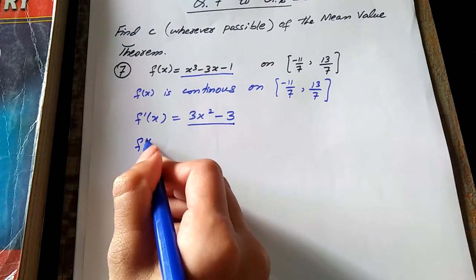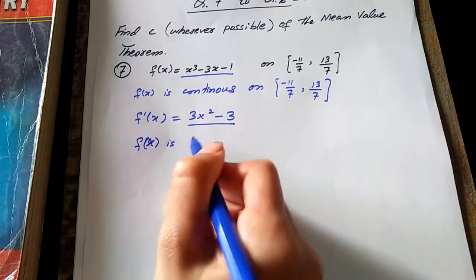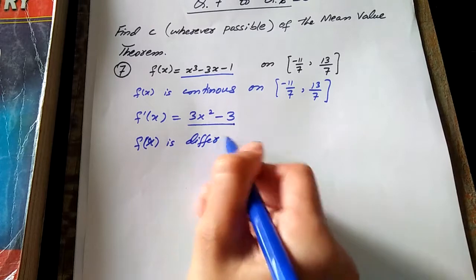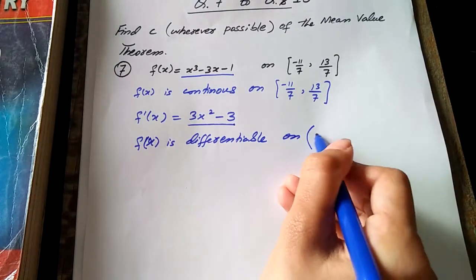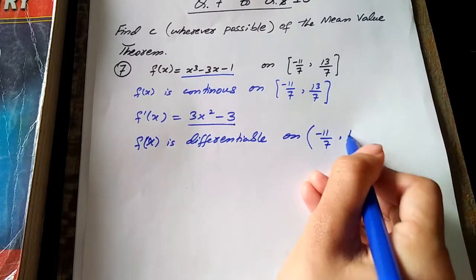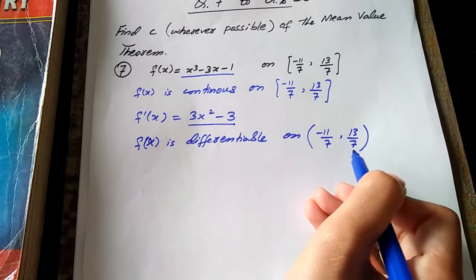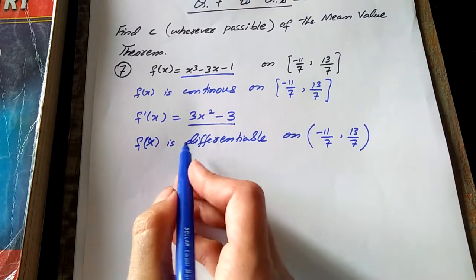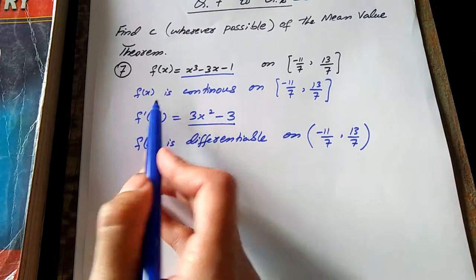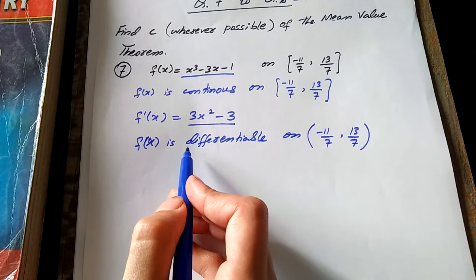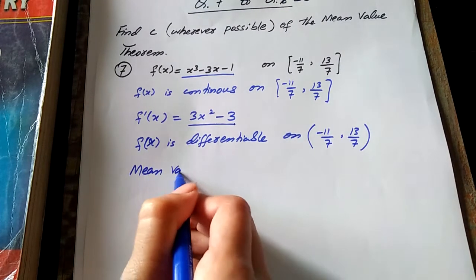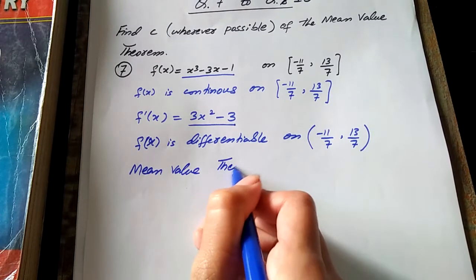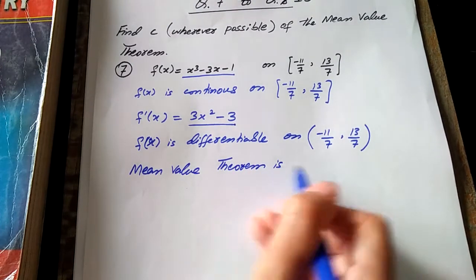So we'll say f of x is differentiable on the open interval minus 11 over 7 to 13 over 7. Now the mean value theorem is valid because the first postulate is satisfied and the second one is also satisfied.